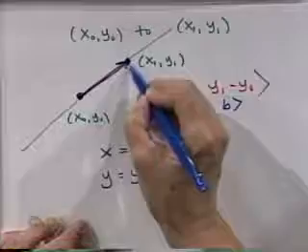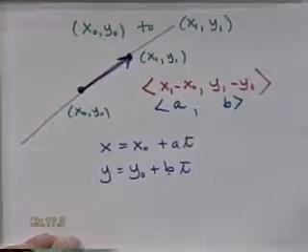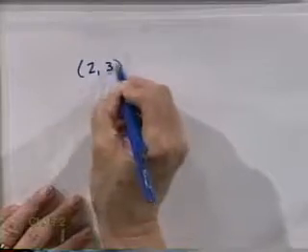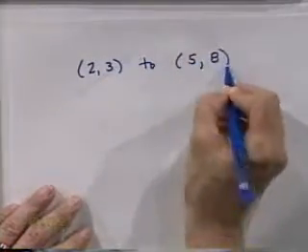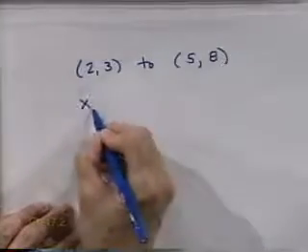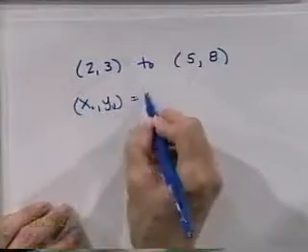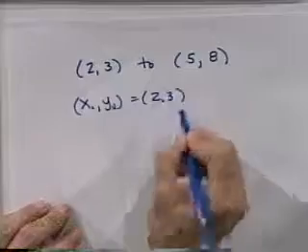And that gave you that vector right here. In particular, let's do one in particular. Suppose I want to get the parametric representation for the vector that goes from the point 2, 3 to the point 5, 8. What's your x naught, y naught? You could use 2, 3 or 5, 8. I'm going to use 2, 3.